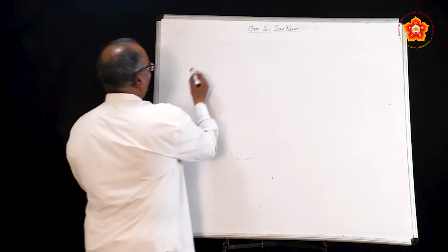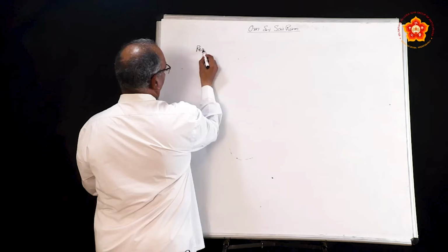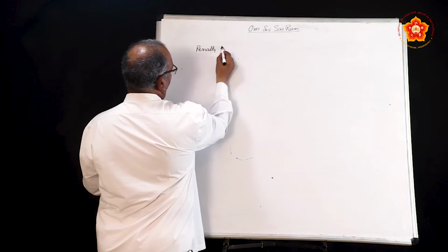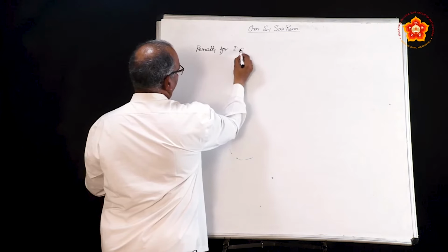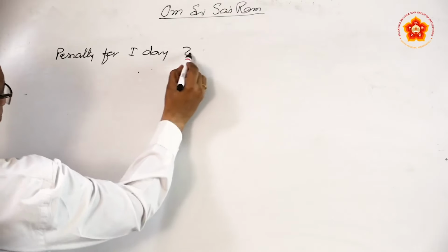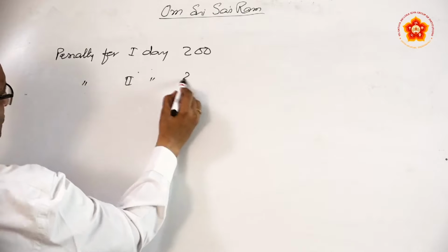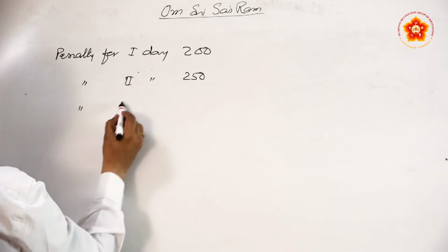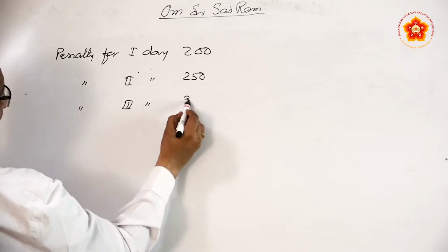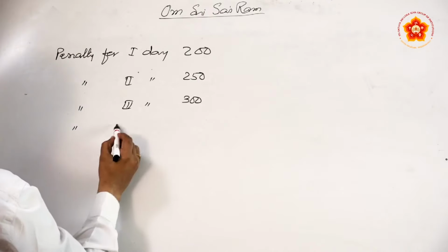So penalty for first day is 200 rupees. Second day it is 250 rupees. For third day it is 300 rupees. And it goes on like that.